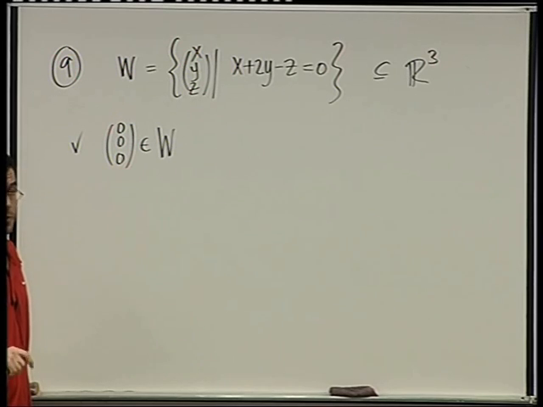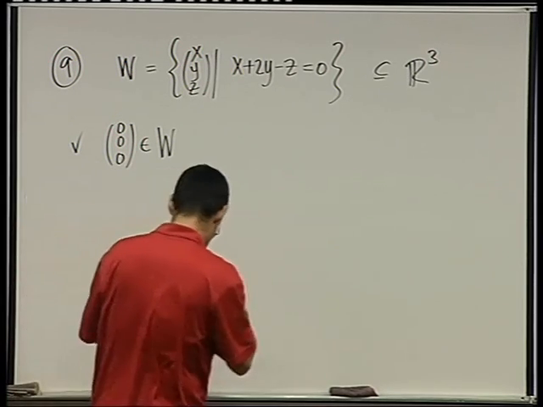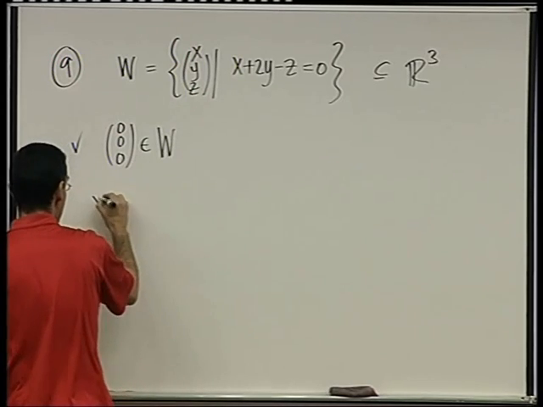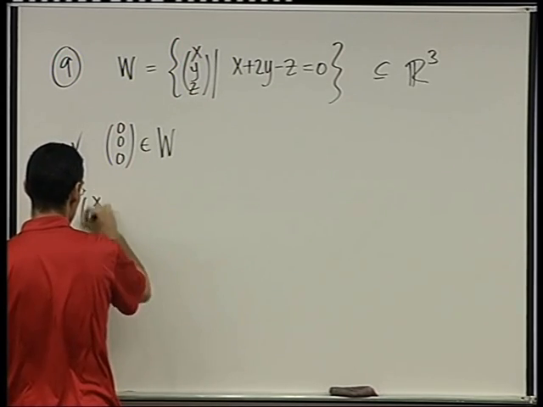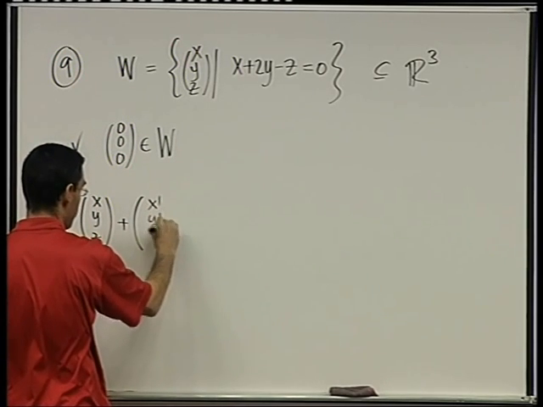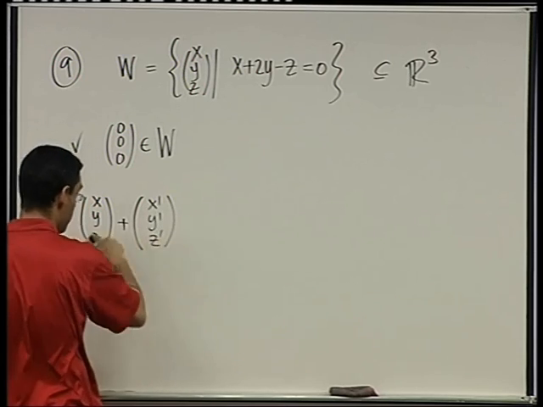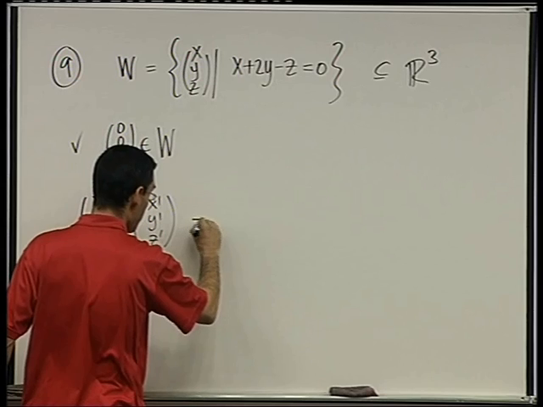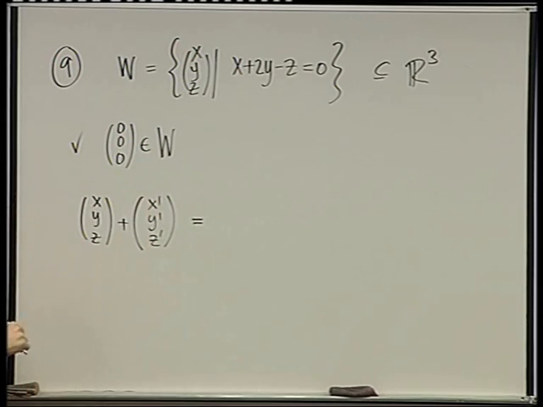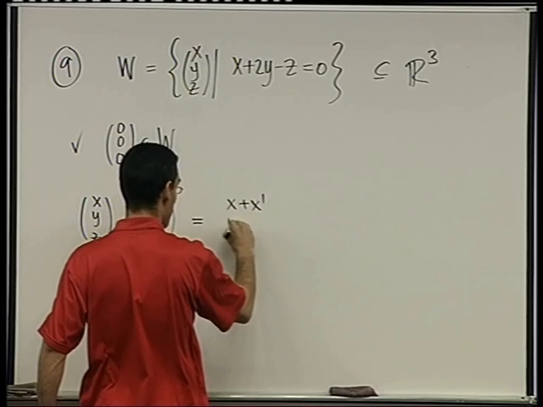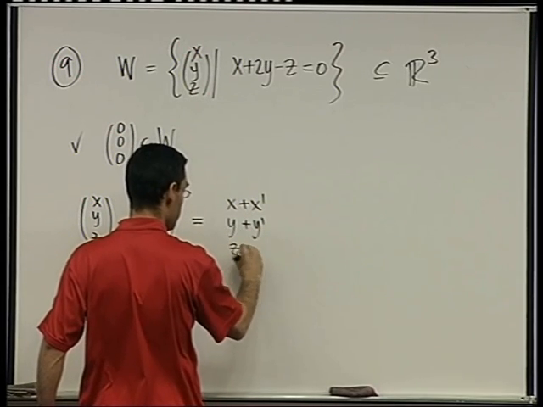How do we write it? How do we formalize it? Well, let's do it. Suppose we take x, y, z plus another one, let's call it x prime, y prime, z prime, and both of them are in W. What we want to verify is that the result is in W. So this is going to give us the vector x plus x prime, y plus y prime, z plus z prime.